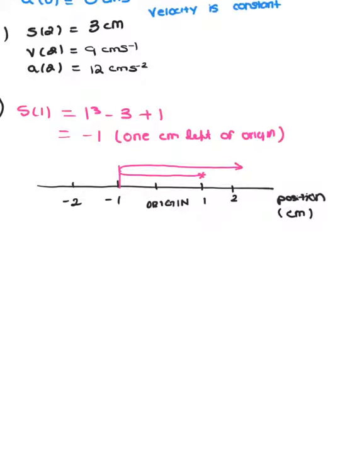If your velocity sign diagram changes from negative to positive or positive to negative, you are automatically changing directions, right? At that particular time, your velocity is 0, right? But past that, you're going the opposite direction that you were going.